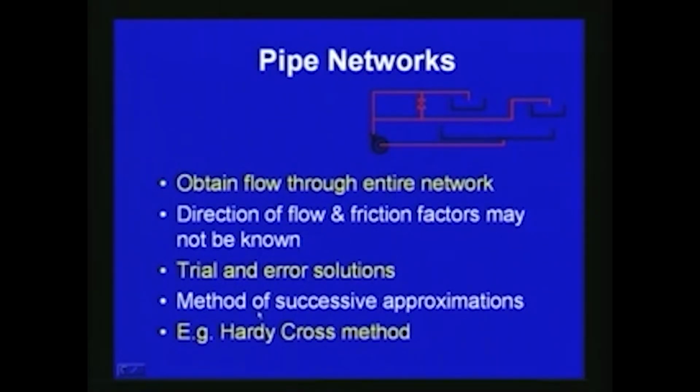Generally, to solve these kinds of pipe network problems, we go for successive approximations. One of the commonly used successive approximations is the Hardy-Cross method, which we will be discussing in detail later.